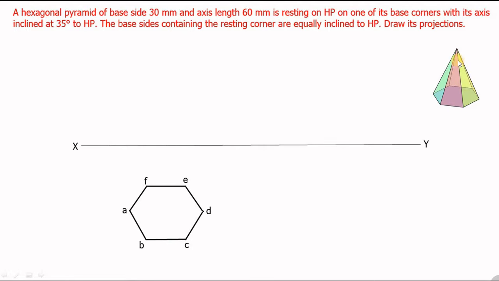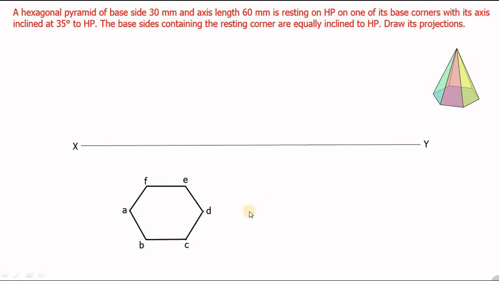All the slant edges get connected at one particular point, which is called the apex. When you see a pyramid from the top, definitely the apex will be visible and all the slant edges will be visible, looking like straight lines. That we have to draw in the top view.